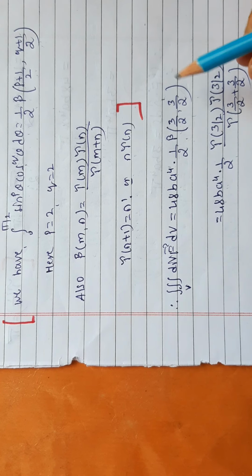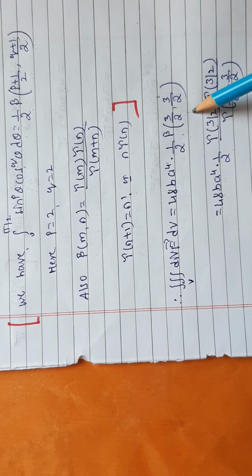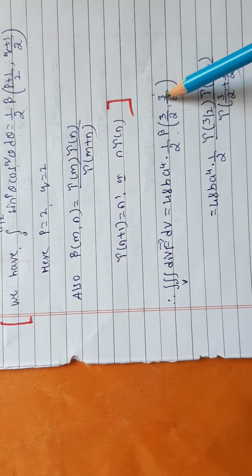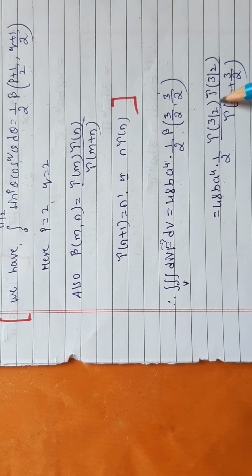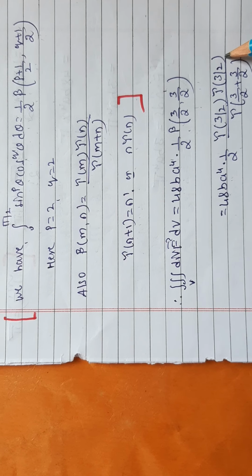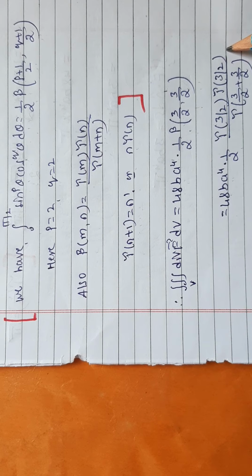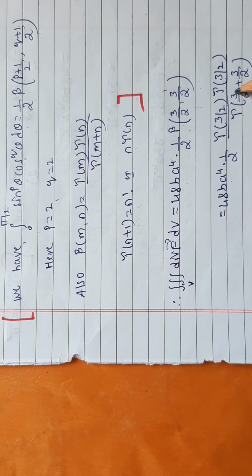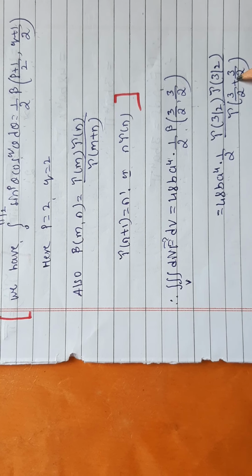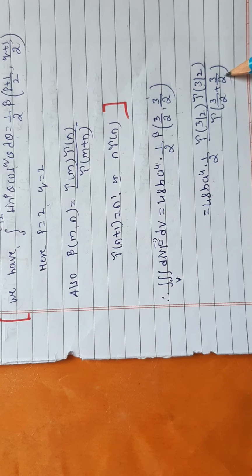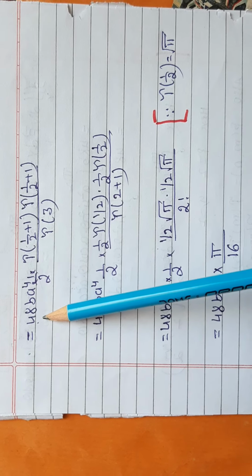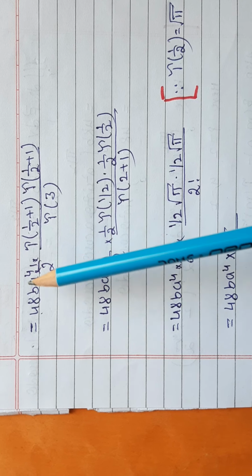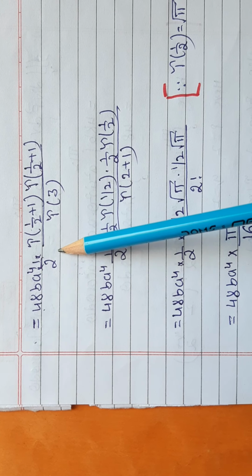Now here m is 3 by 2, n is 3 by 2, that is gamma of 3 by 2 into gamma of 3 by 2 divided by gamma of 3 by 2 plus 3 divided by 2, which is equal to 48b into a to the power 4 into 1 by 2.